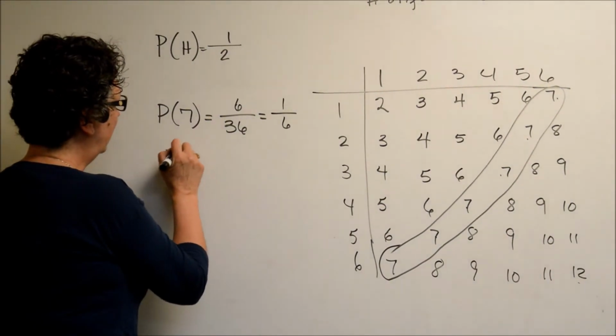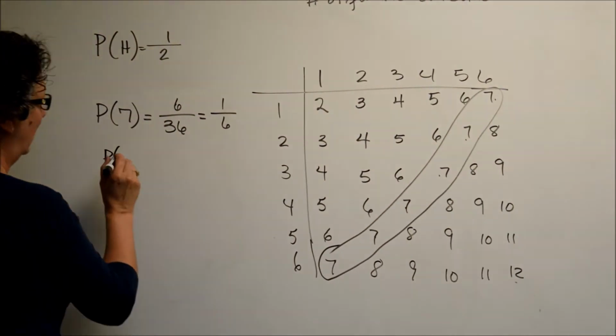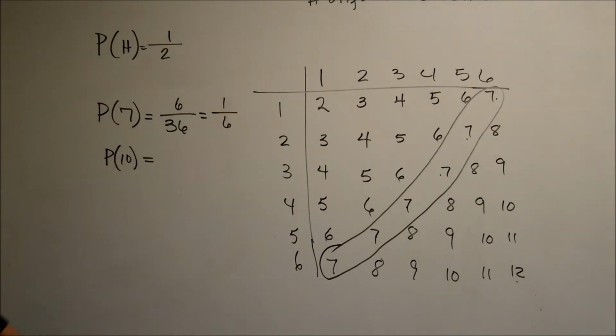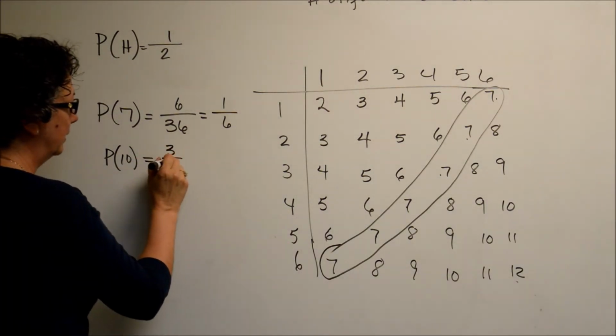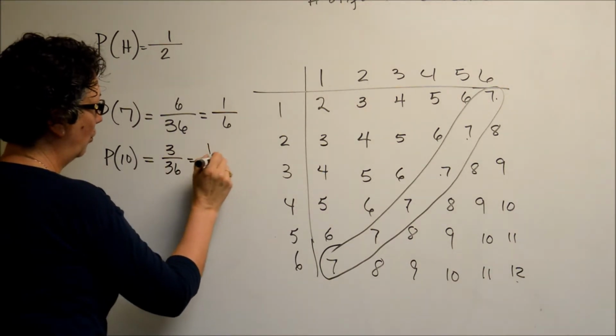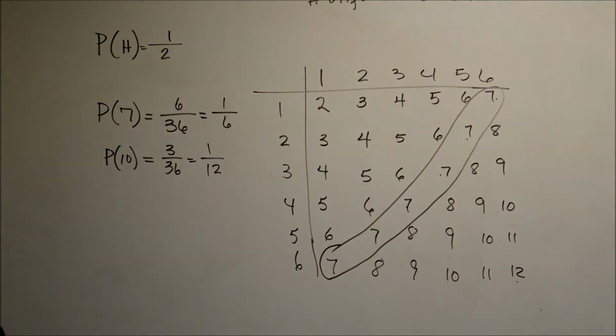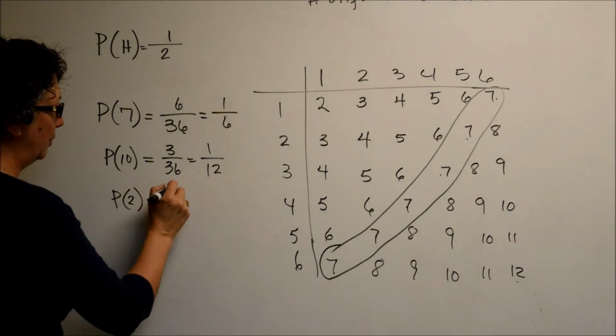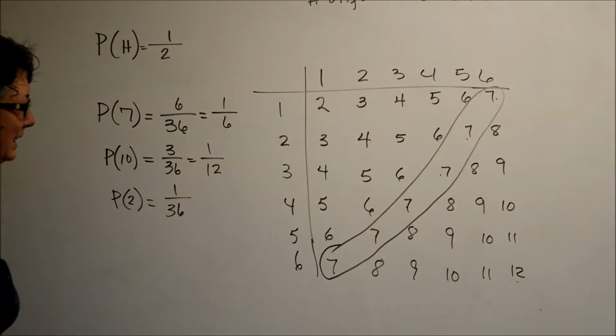The probability that you roll a 10 is going to be 3 out of 36, or 1 out of 12. The probability that you roll a 2 is going to be 1 out of 36.